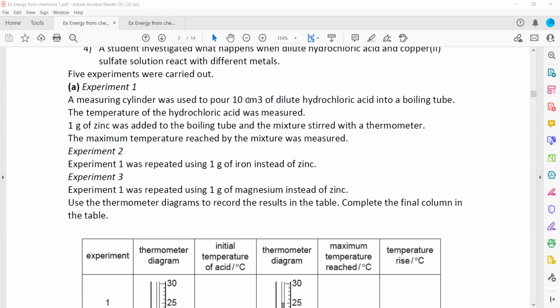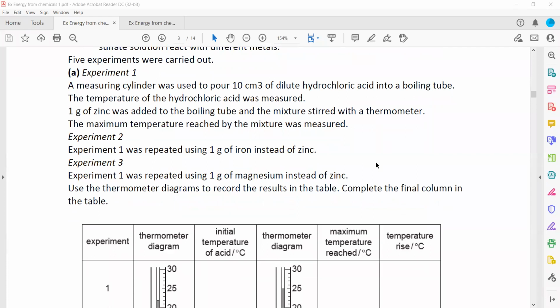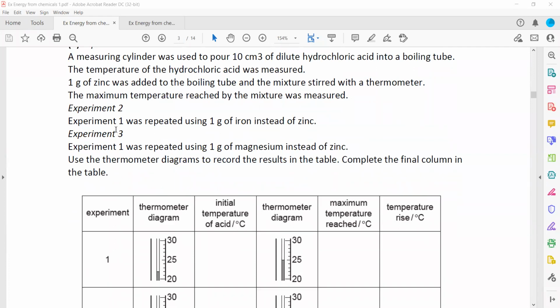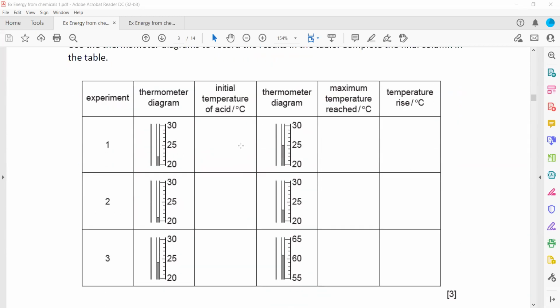A measuring cylinder was used to pour 10 cm cube of liquid into a boiling tube. The temperature of hydrochloric acid is measured, then 1 gram of zinc is added and stirred. Then experiment 2 is repeated using 1 gram of iron. Then experiment 3 is repeated with 1 gram of magnesium.